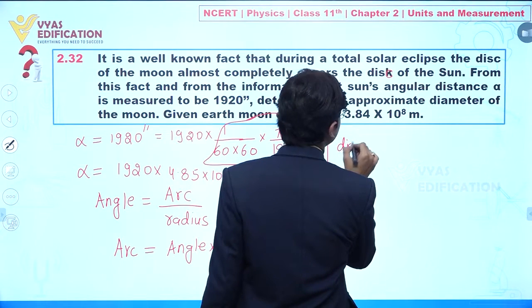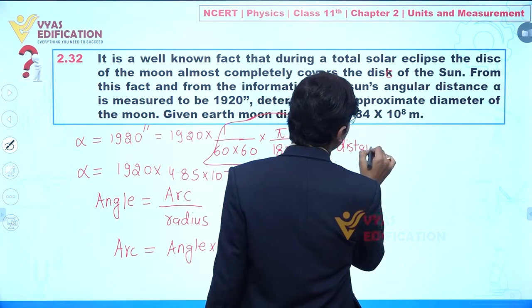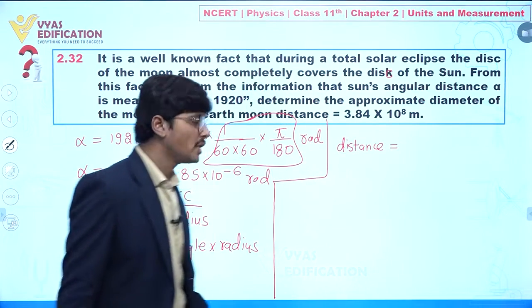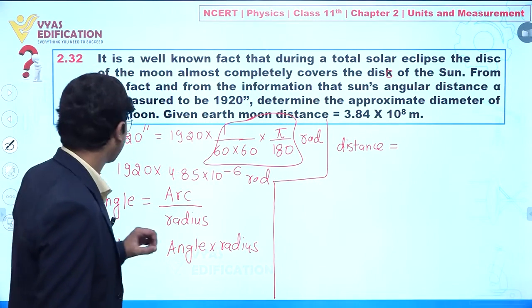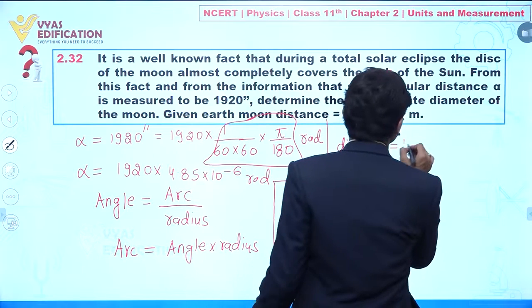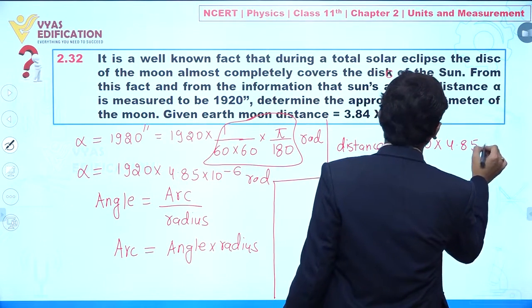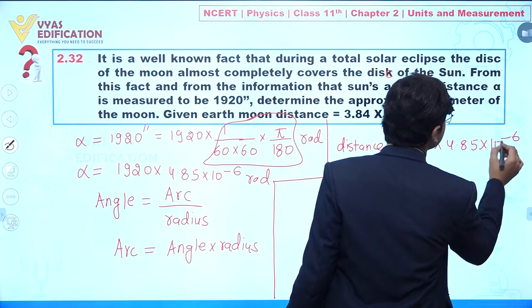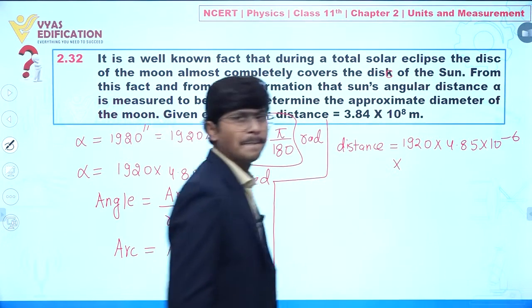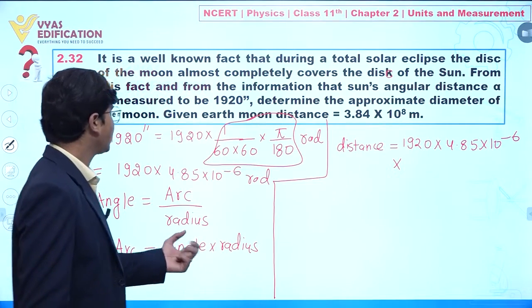This is the distance, or we can say the diameter of moon, clear? Diameter of moon, it is given by angle. Angle is equal to, we can say, 4.85 into 10 to the power minus 6 radian, clear? Multiply, clear? Multiply, we can say radius.